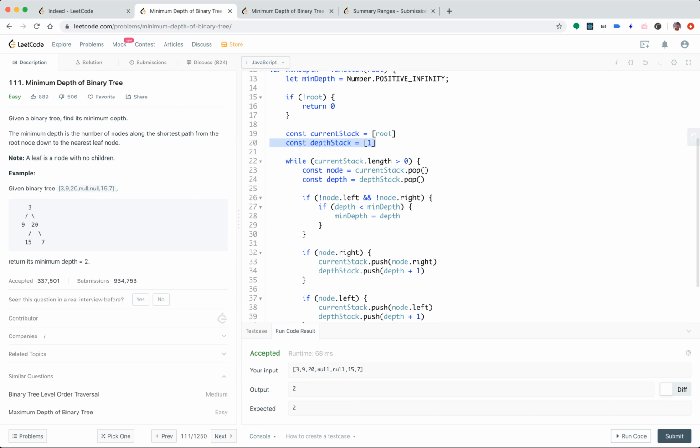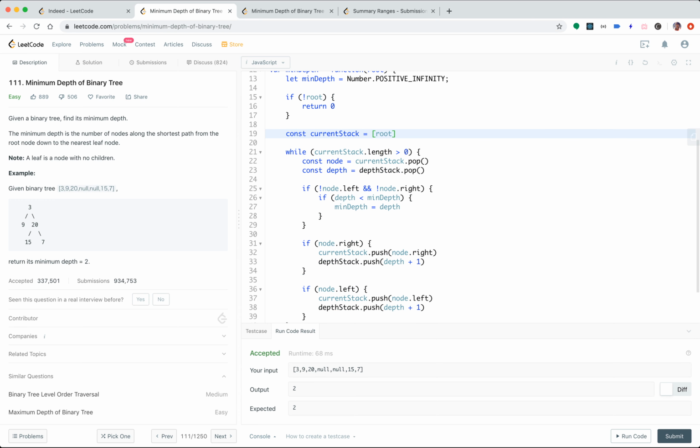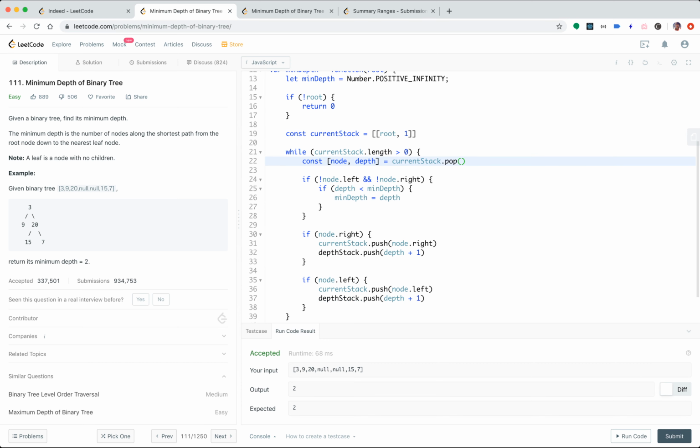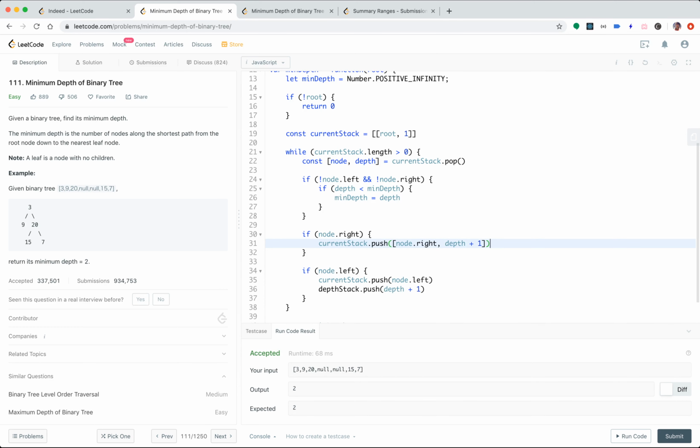If we don't use 2 arrays, we can maybe push the node and depth together as one. So we can use depth and node like this, pop once, and then we should push node right, depth plus 1, and left, depth plus 1.